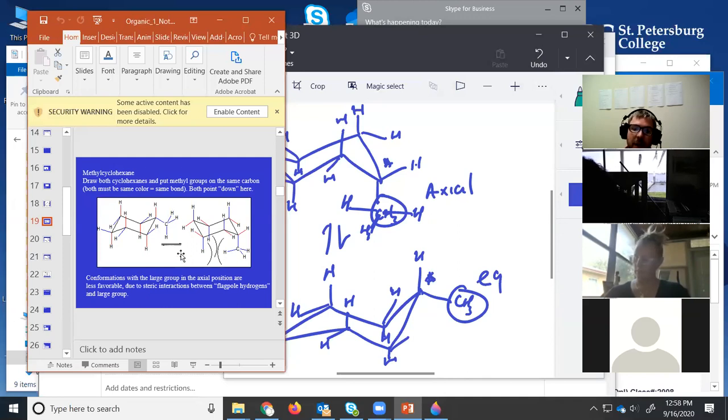In the gas phase, you would probably get maybe 75% of the equatorial and 25% of the axial if you were to take a snapshot at any given point. So the equilibrium would be more on the equatorial methyl side rather than the axial one because it's lower energy, more stable. Lower energy means more stable. Higher energy means less stable.